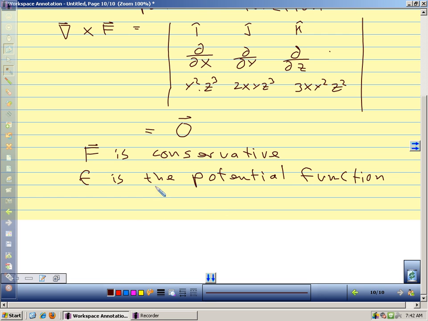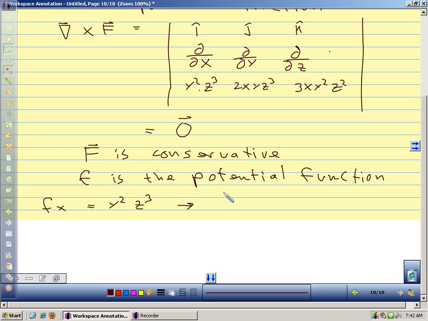And we know that the partial of f with respect to x has to equal our x component, so that has to equal y squared z cubed.